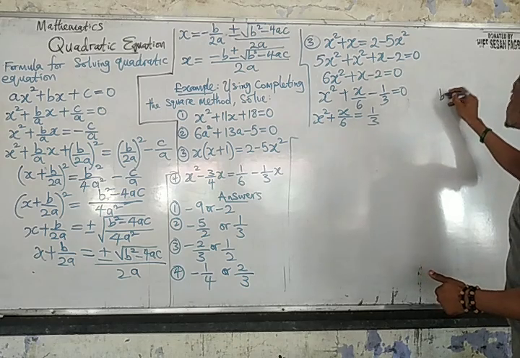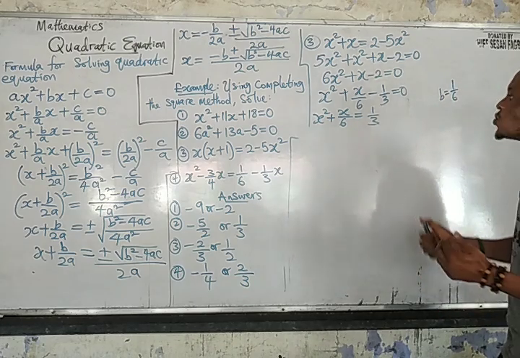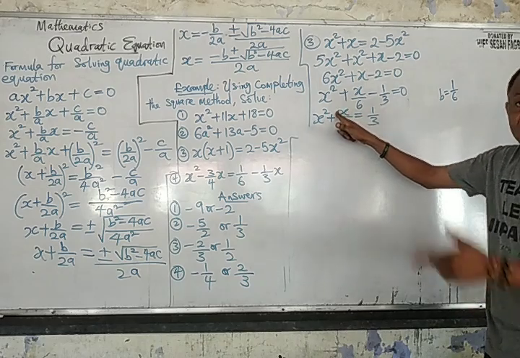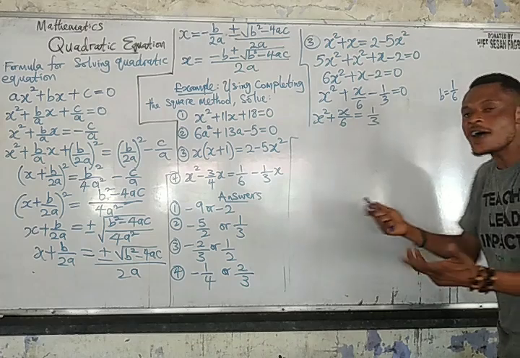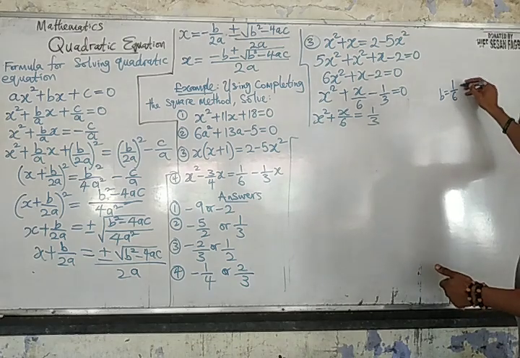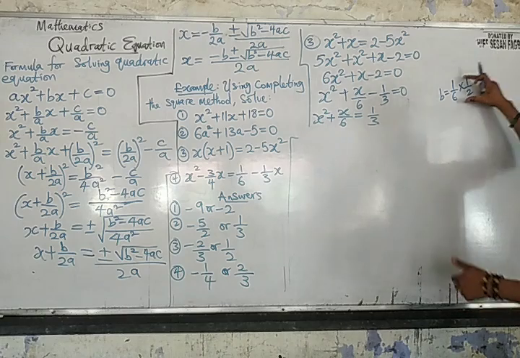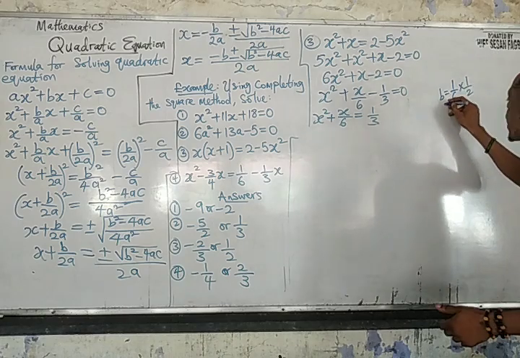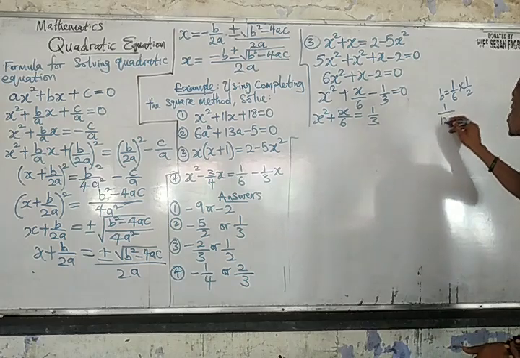The b is just going to be 1 all over 6. How is it so? The coefficient of x here is 1. So we have 1 all over 6. So what is the half of this? The half of this is going to be 1 all over 2. So by the time we multiply this together, 1 multiplied by 1, we have 1 all over 6 multiplied by 2. It gives us 12.